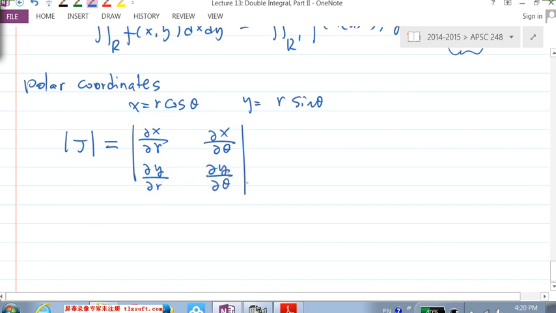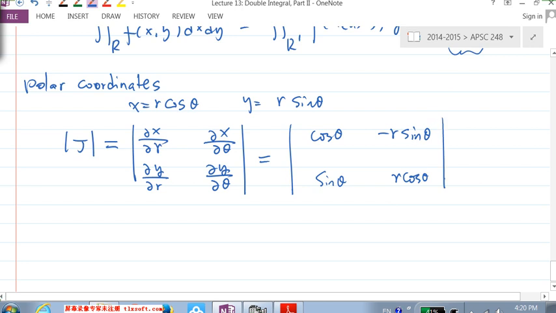That's a pretty simple partial derivative. Partial x over partial r is cos theta. Partial x over partial theta is negative r sine theta. Partial y over partial r is sine theta. Partial y over partial theta is r cos theta.